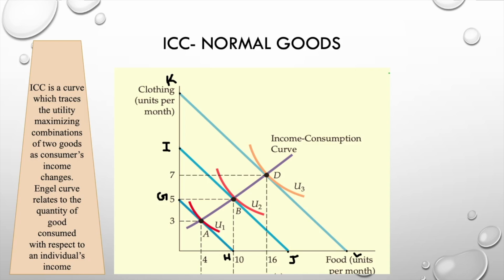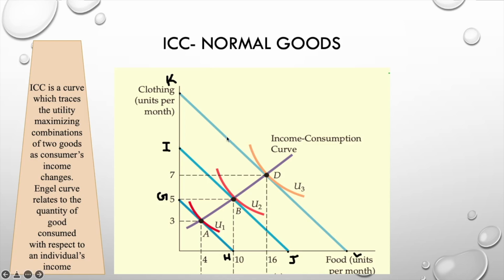So, as we have discussed, the income consumption curve is a curve which traces the utility maximizing combinations of two goods as consumers' income changes. If we take an example, here the individual consumes two goods, food and clothing. As the consumer's income increases, the budget line shifts to the right, from the budget line GH to another budget line IJ and to KL.